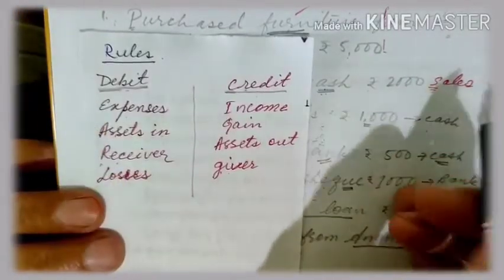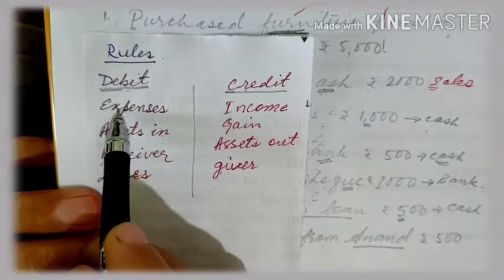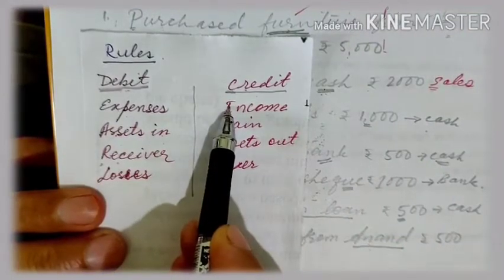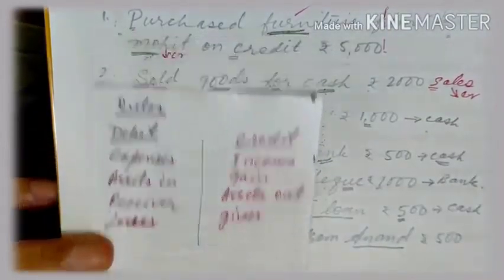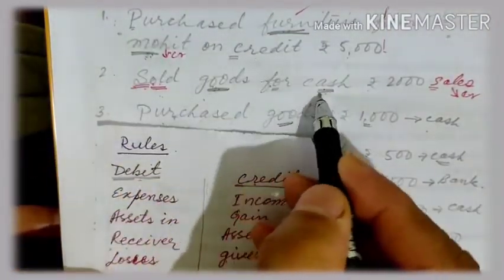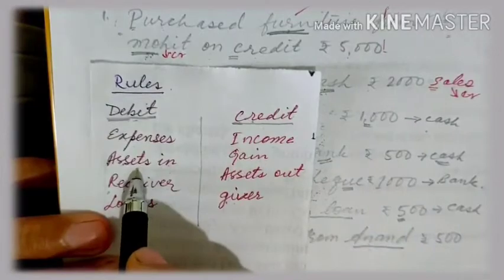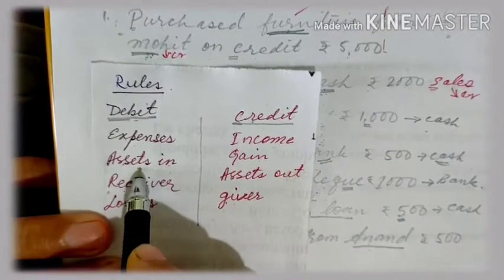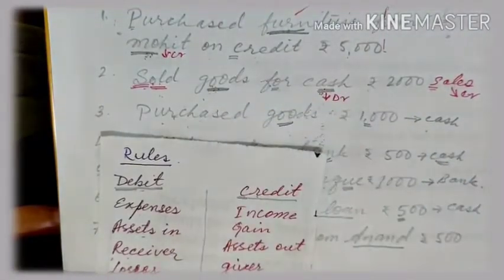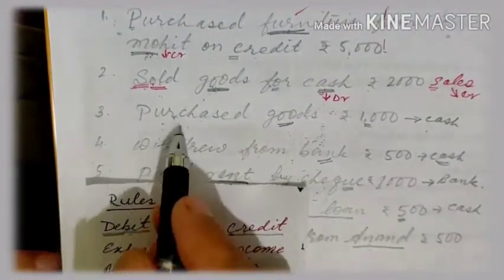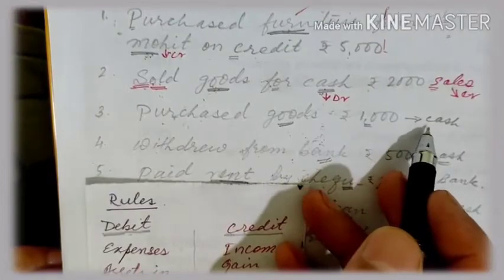Sales, again let's come to the rule. Sales, is that an expense or income? It is an income. So income should be credit. And cash is an asset. So cash is coming or going? It is coming into the business. So it is debit.